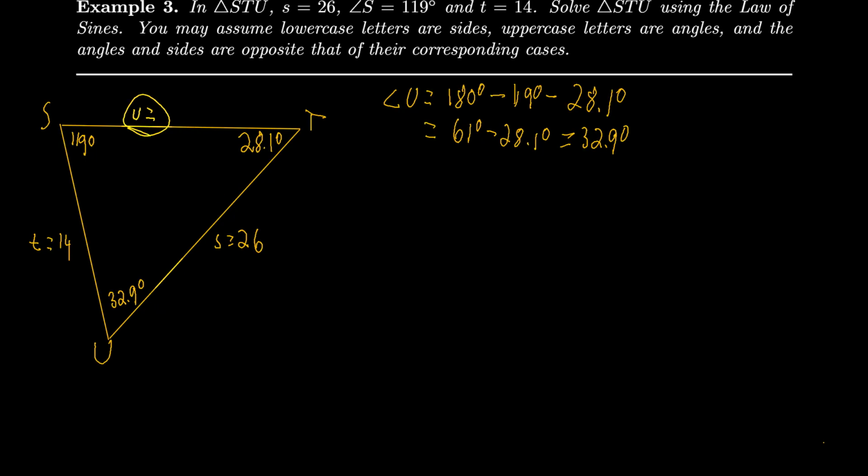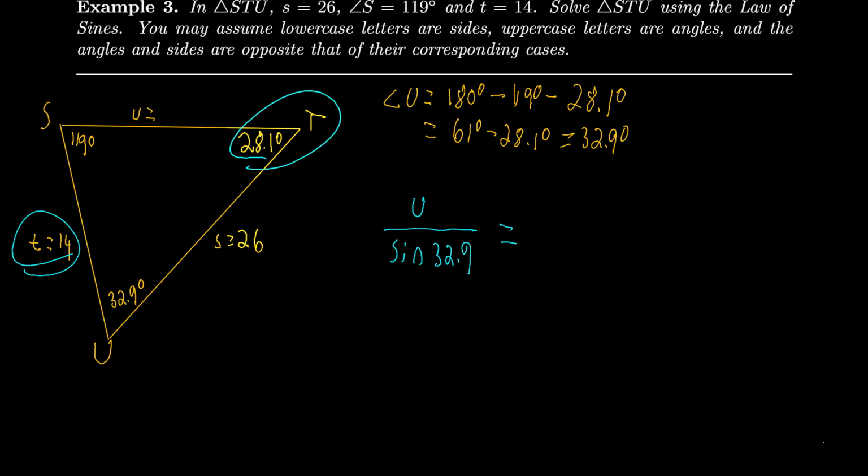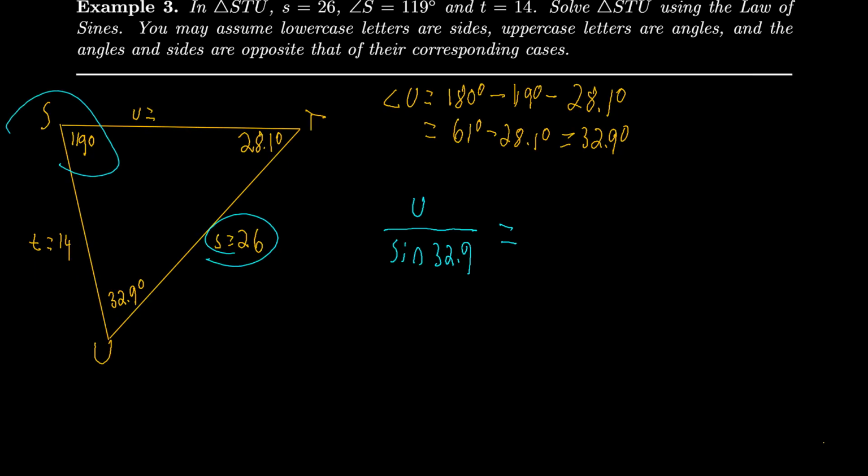And now we just need to find little u, the side. So let's do that. So we want to find the sine, little u. So let's put the little u on top over the sine of its corresponding angle, big U, which was 32.9. We just found it. That's going to equal, and then you can relate either little t to big T or little s to big S. It doesn't matter which one you do.